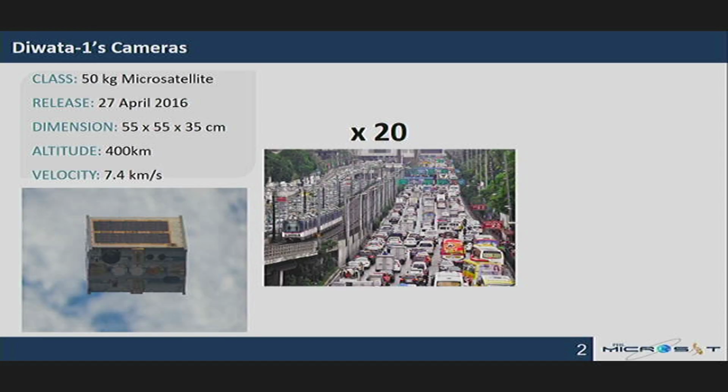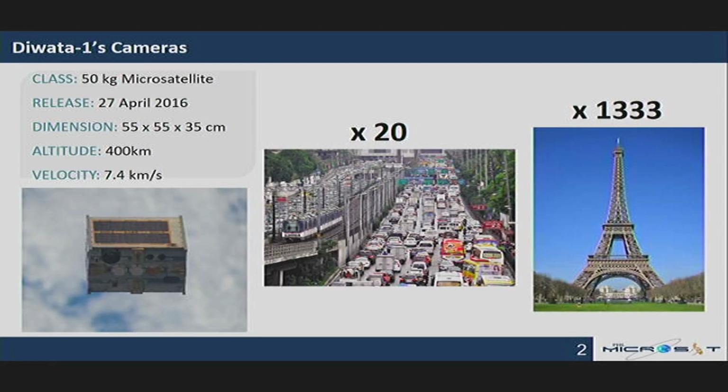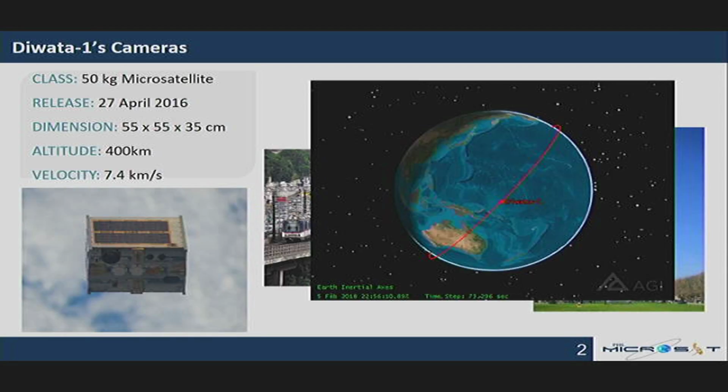That's equivalent to traveling EDSA 20 times, or 1,333 times the height of the Eiffel Tower. Okay, so at 400 kilometers, can you see?